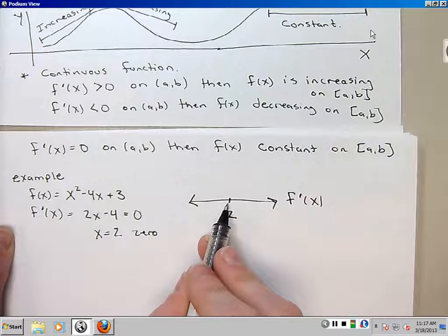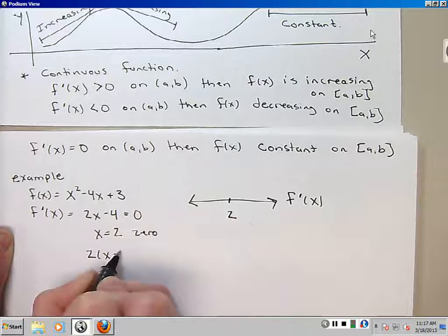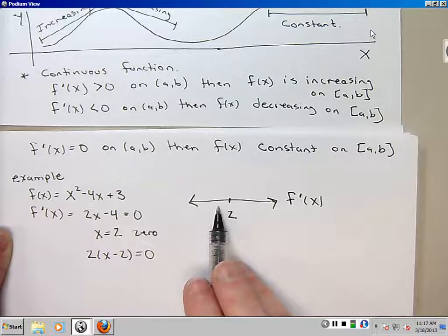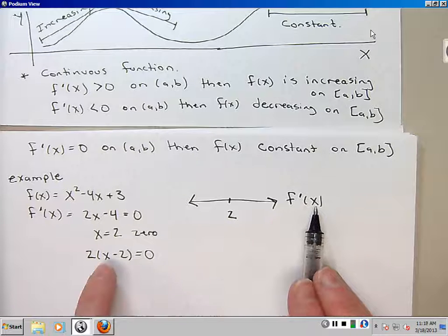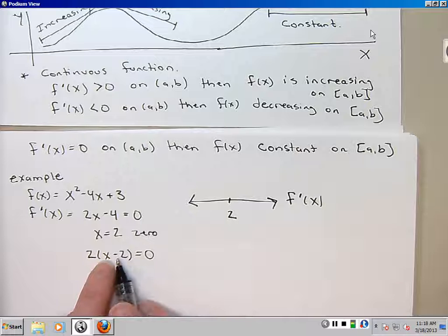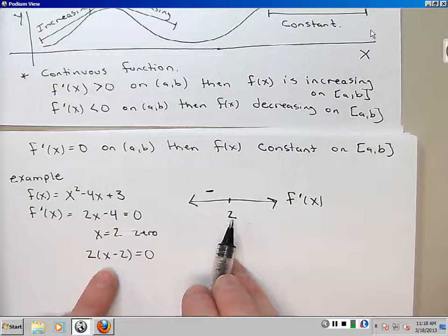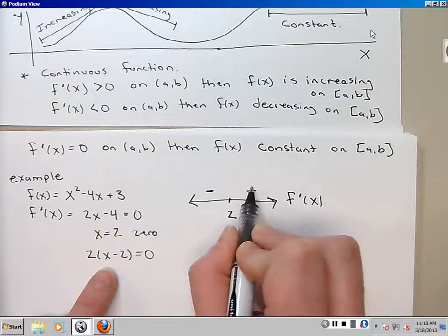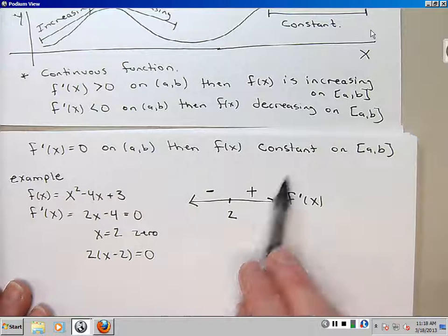Now if I factor this and plug a number less than 2 into the derivative, let's say 0, I would have a negative number times a positive number, which is negative. And if I plug in a number greater than 2, I would have a positive. So what this is telling me is my function is decreasing until it hits x equals 2, then it's increasing.